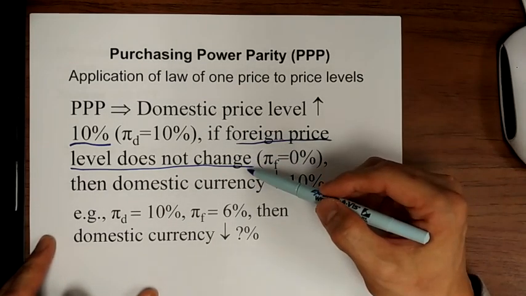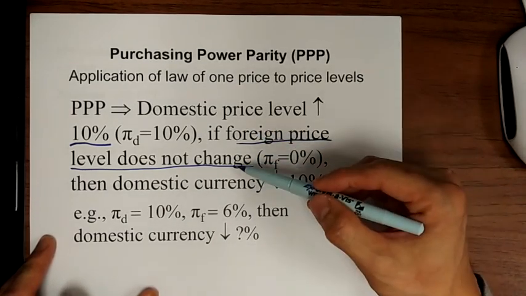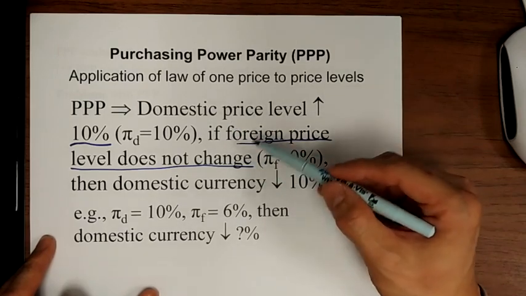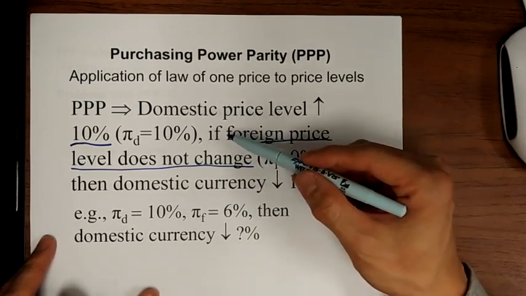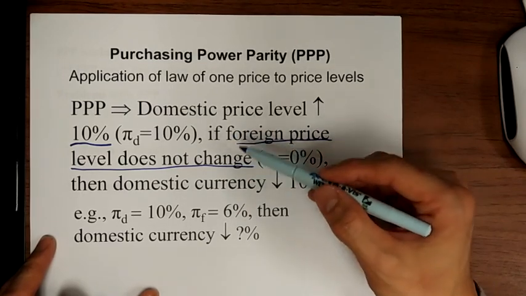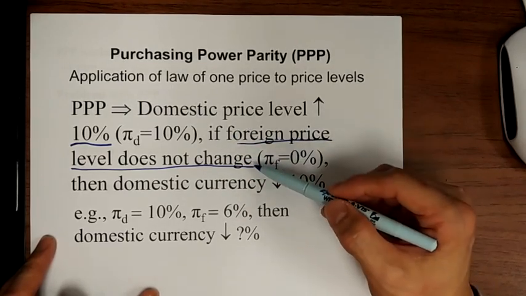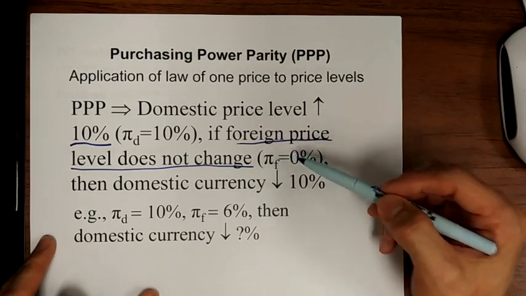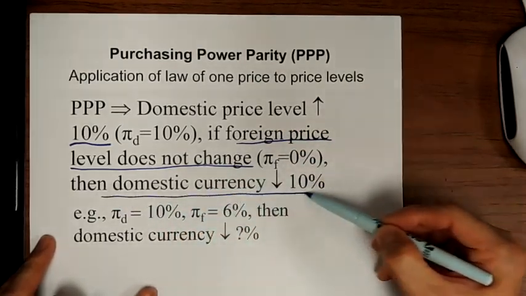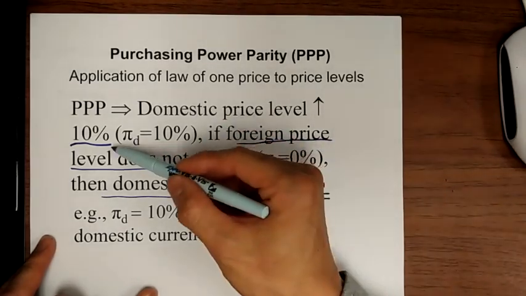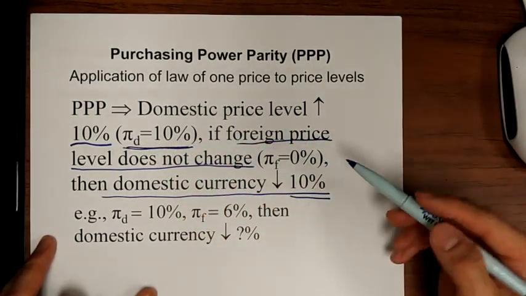How can they buy foreign currencies? They sell domestic currencies to buy foreign currencies. Therefore, the domestic currency is going to depreciate against the foreign currency. By how much? By exactly 10%, the increase in the domestic price level.